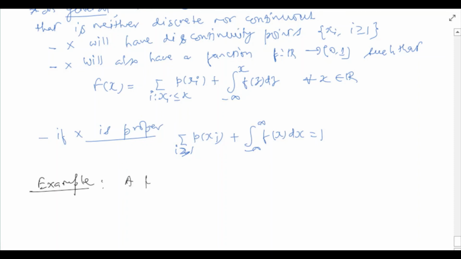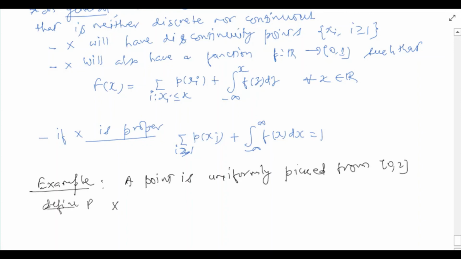Suppose a point is uniformly picked from the interval 0 to 2, and I define a random variable X as follows.